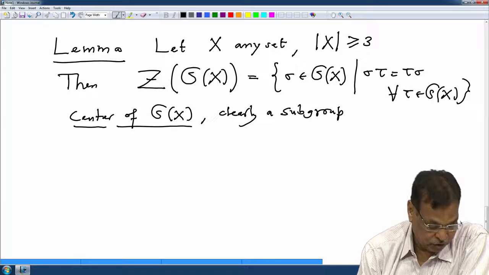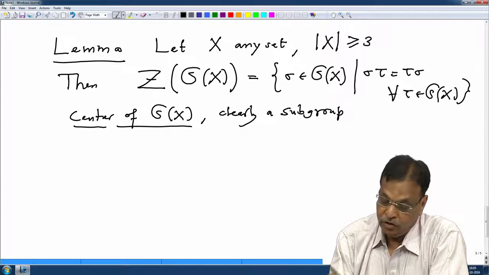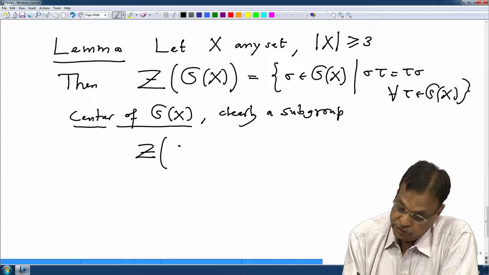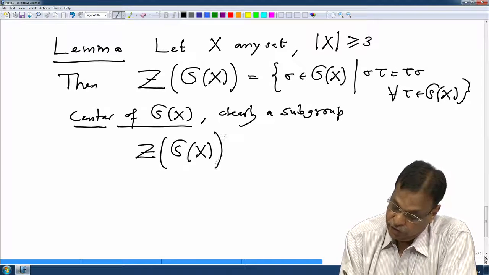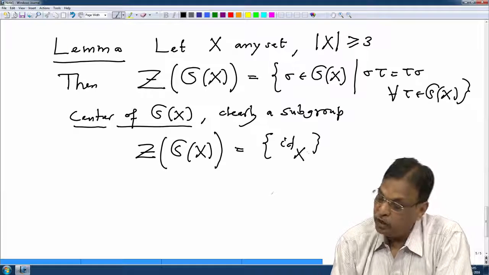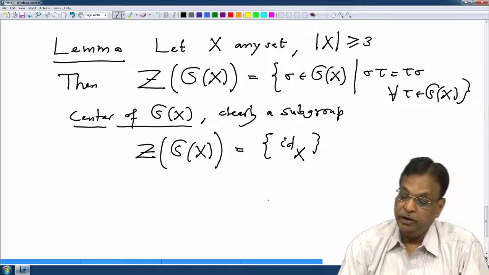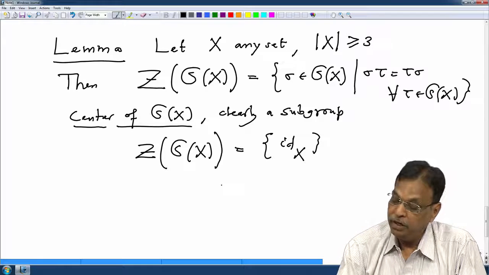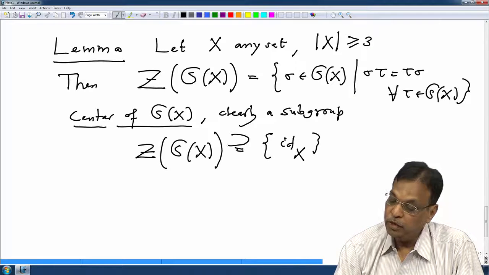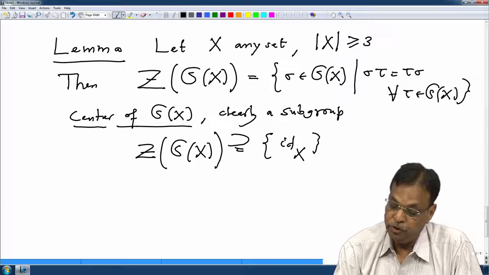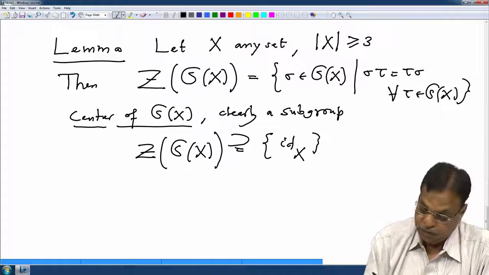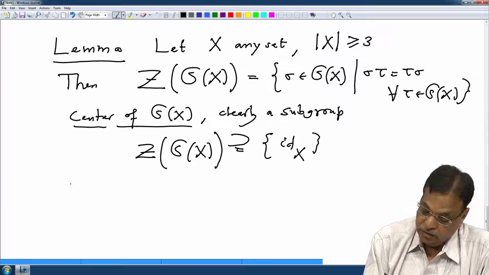So it's a subgroup. And we want to prove that Z of Sx is the trivial group. That means the only element in the center is the identity map. Identity map is obviously there, so this inclusion is obvious. Now I will prove that if any other permutation belongs to the center, then it must be the identity. So, proof.